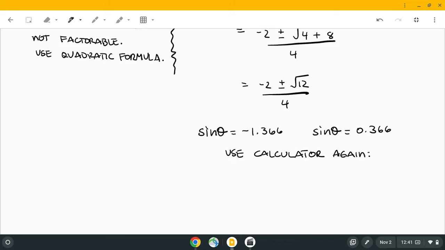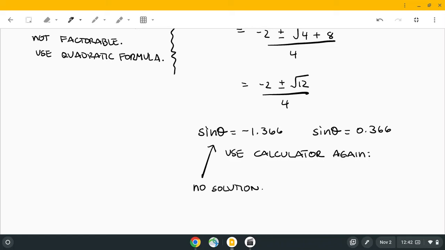I'm going to do my sine inverse of this number here, -1.366. That is smaller than -1. So remember, the smallest we can have is -1. The largest we can have is +1. So this one, no solution.